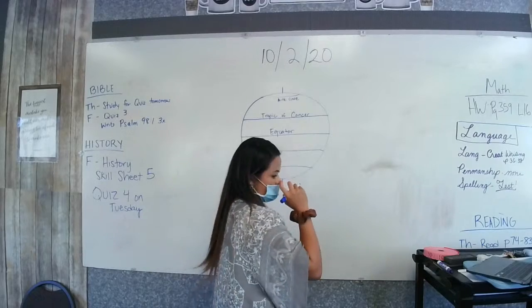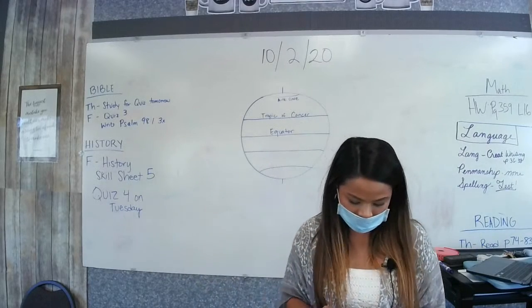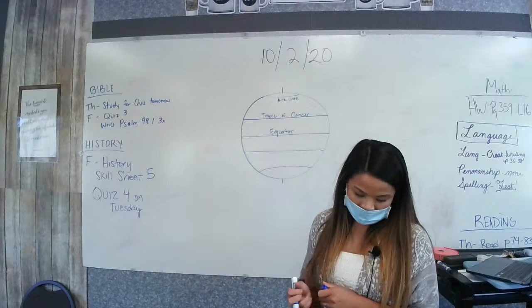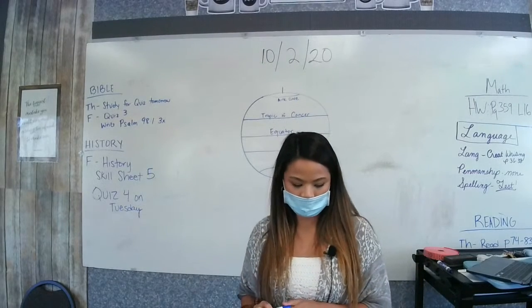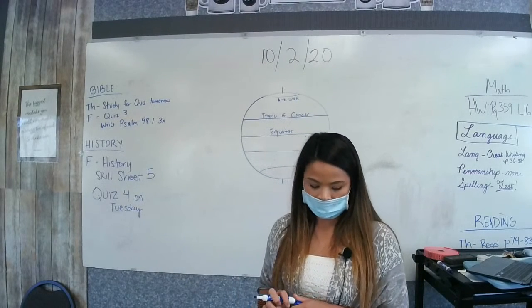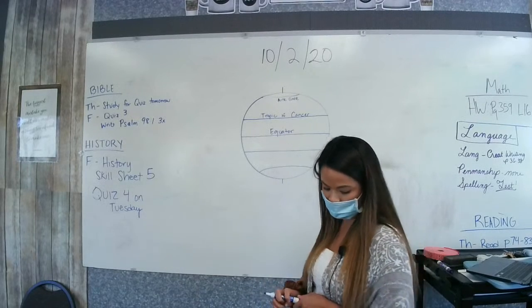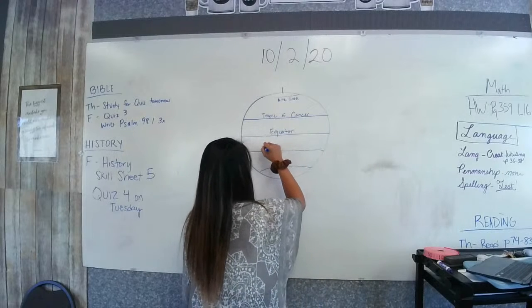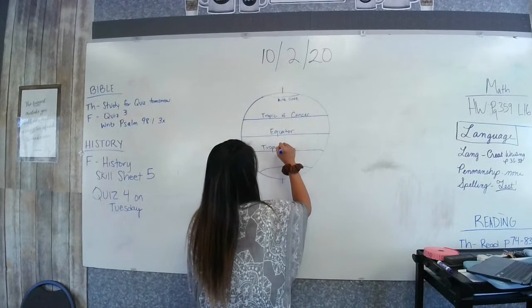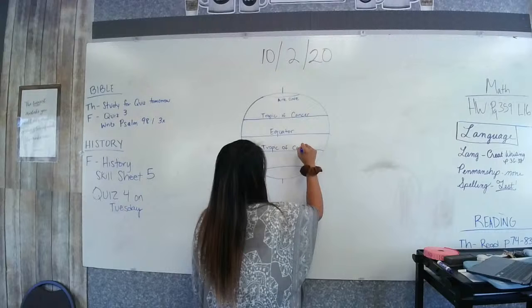Okay, let's look at our books. What are the lines of latitude in the southern hemisphere? What does it say? The Tropic of Capricorn and also the Antarctic Circle.